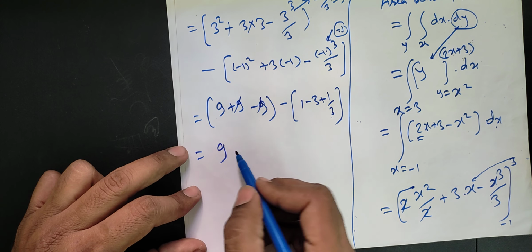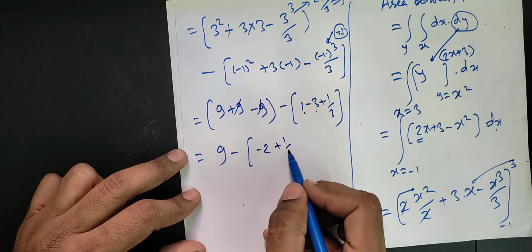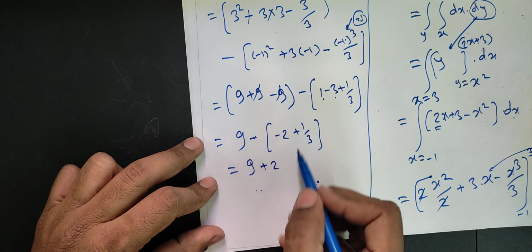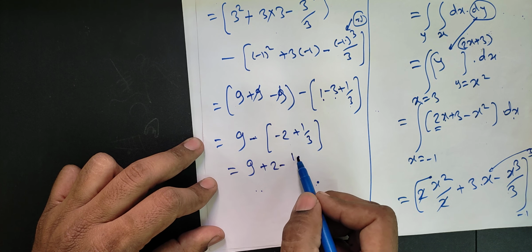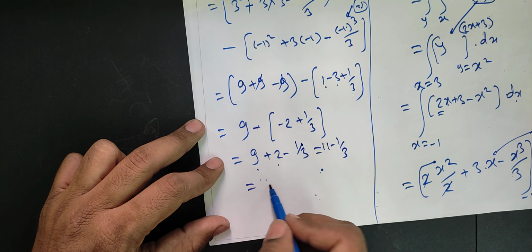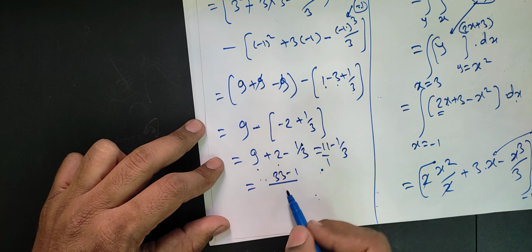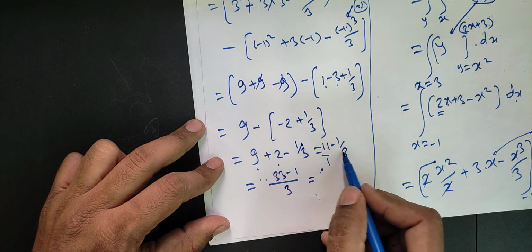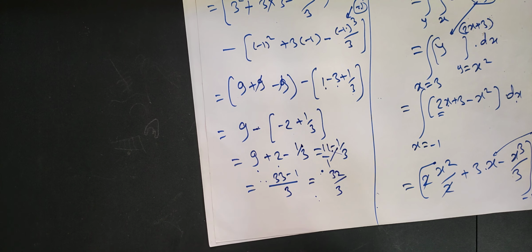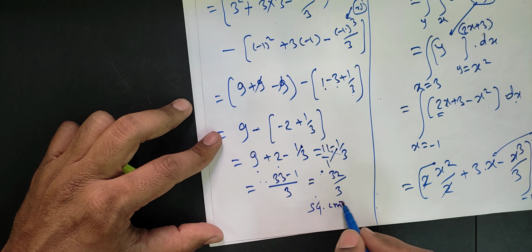We got 9 minus 2 plus 1 by 3, so 9 plus 2 is 11, minus 1 by 3. Cross multiplication: 33 minus 1 divided by 3, so it is 32 divided by 3. So we got the answer 32 divided by 3 square units.